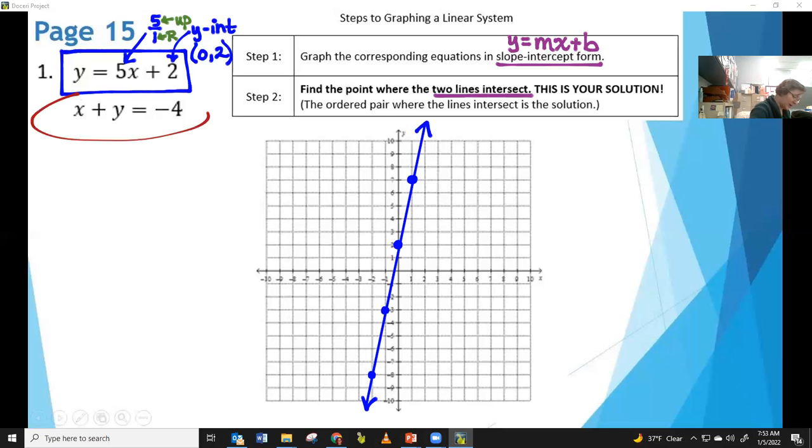Is this bottom equation in slope-intercept form? No. How do I get it into slope-intercept form so that I can graph it? Get y by itself. So tell me how to do that. What do I need to do to the equation to get the y by itself?